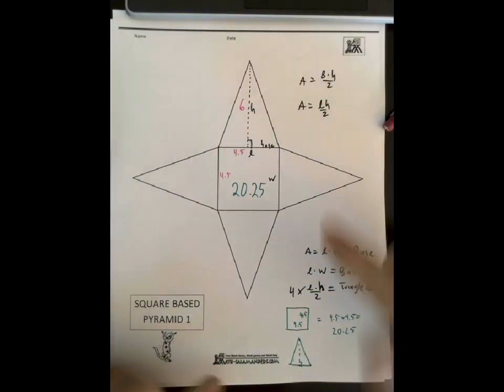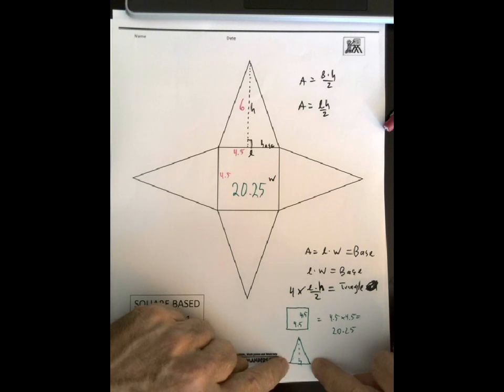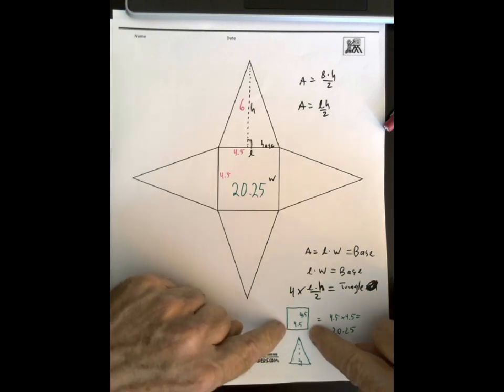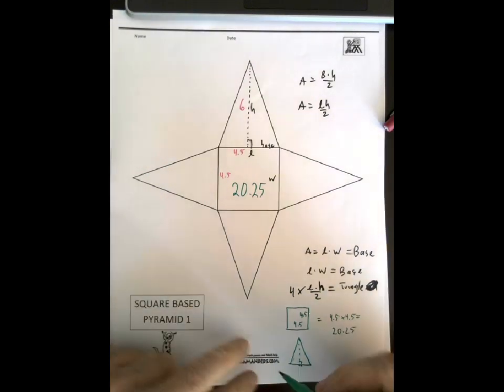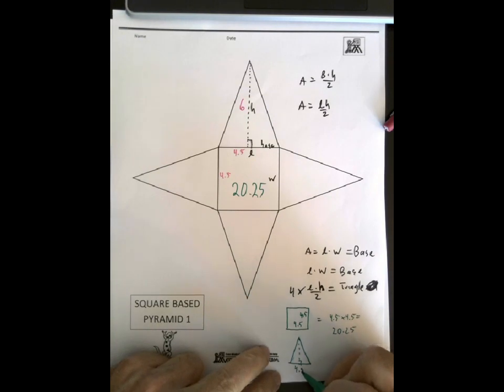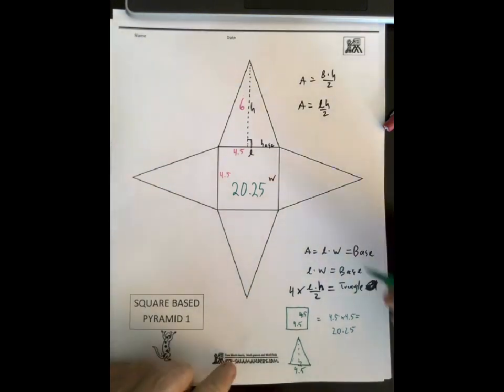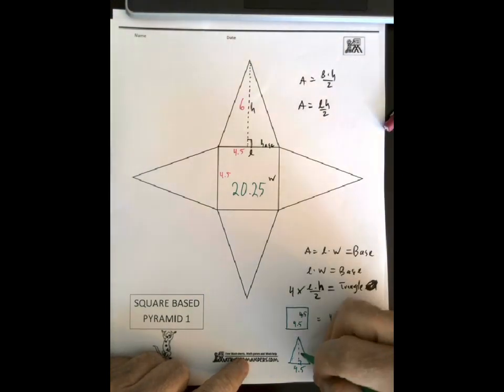Since this base on the triangle is the same thing as the length of the square, that's also going to be 4.5. And then we measured the height, it being 6.